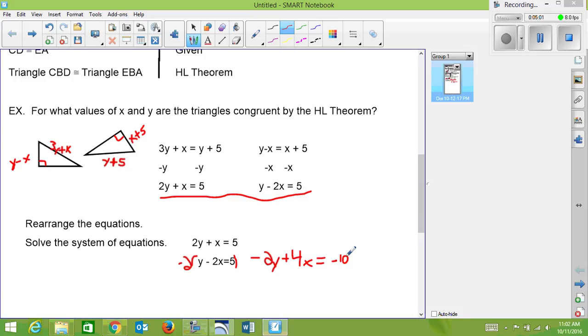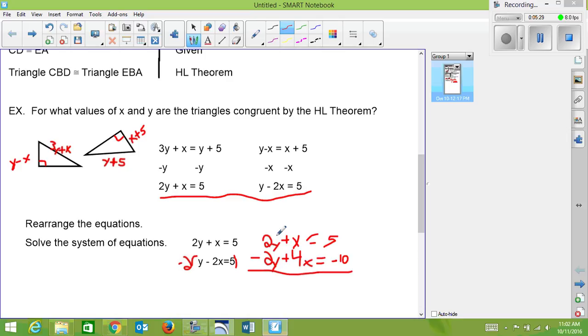Then I'm going to copy this other equation down again so that it's set up straight up and down to cancel my y's. I'm just copying the same equation that I had right here, and then my new one that I got. Remember, when you do systems, you're adding. That's the easiest way to do it.